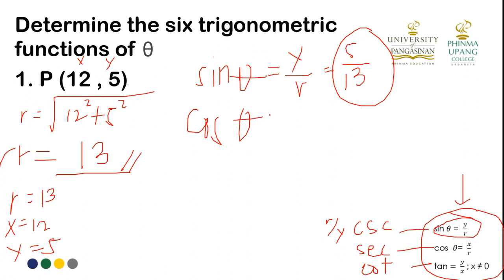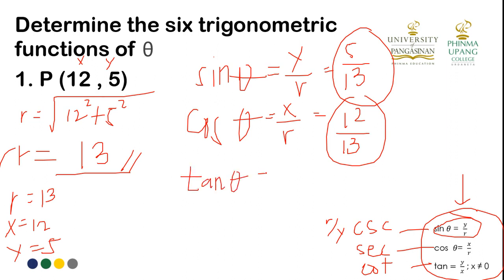Yung cos theta naman, cos theta is x all over r. So, what is x? 12. And what is r? 13. So, yun yung sagot natin sa cos. Next, what is tan theta? Ang tan theta natin is y all over x. What is our y? 5. What is our x? X is 12.